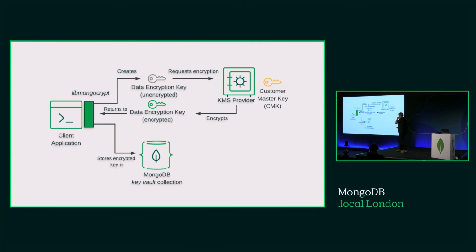In most of the MongoDB documentation that I read, the call between the client application and AWS KMS is authenticated with an access key and a secret key. And in the code sample that I found, or in the documentation, the access key and the secret key is hard-coded inside the client application.